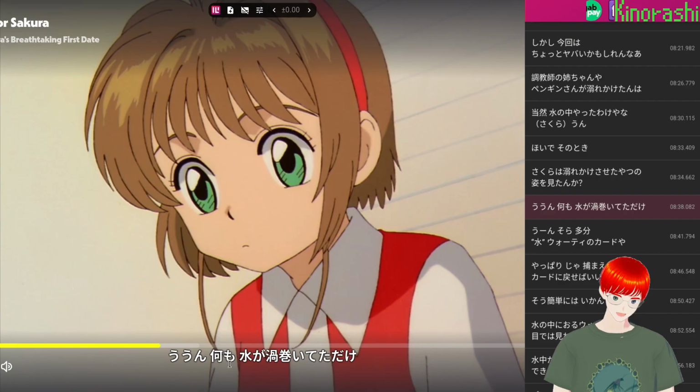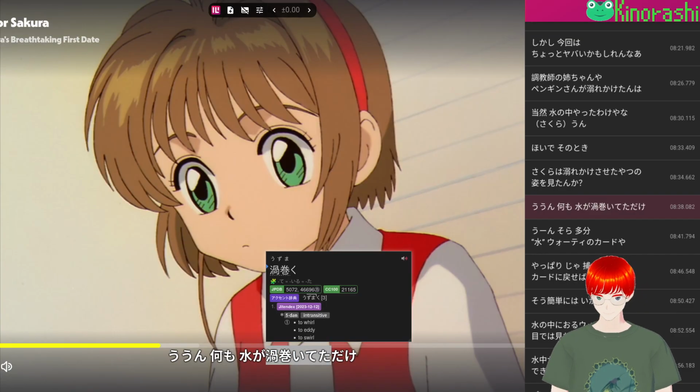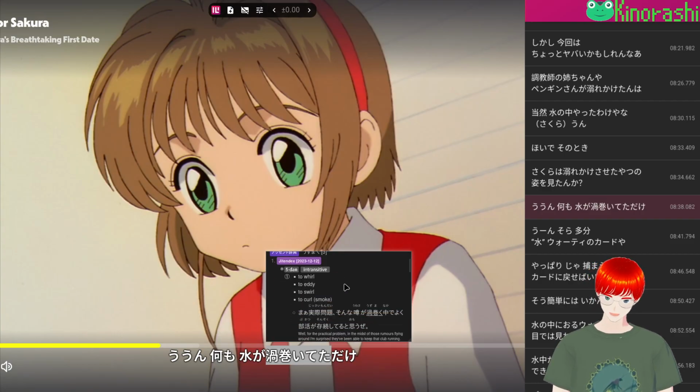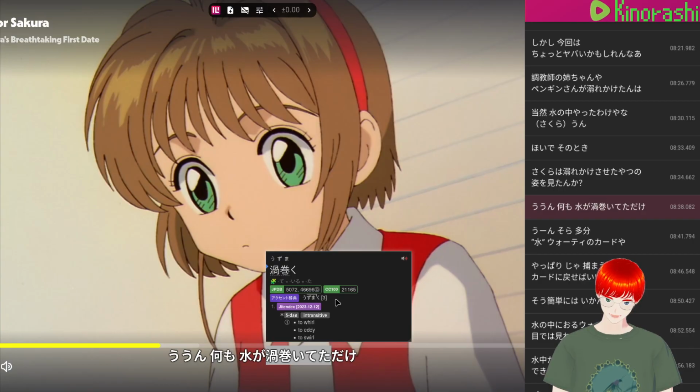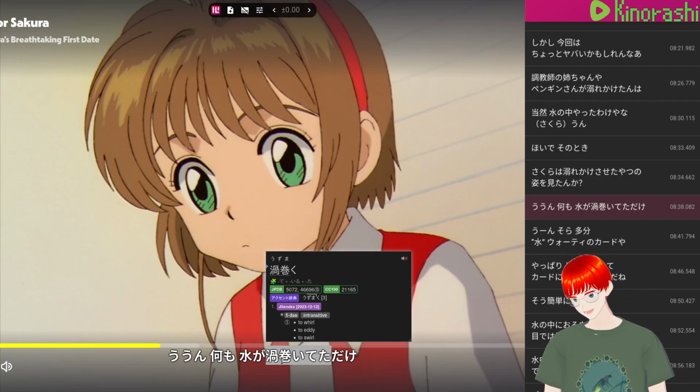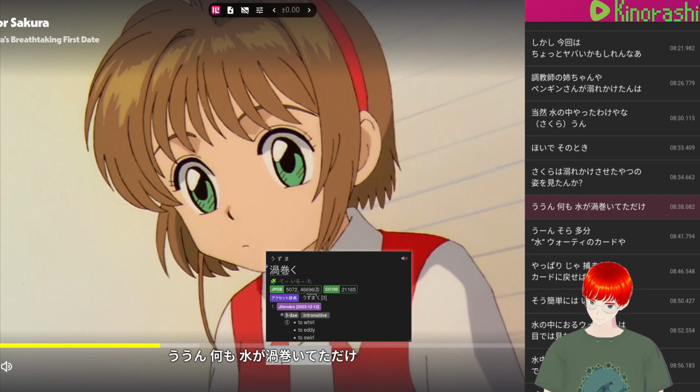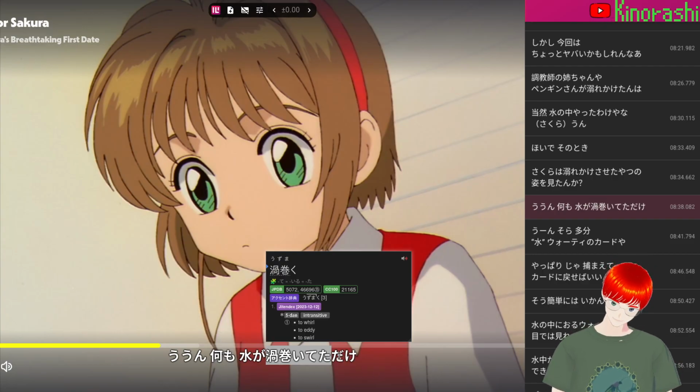No, okay. 何も、水が渦巻く: to whirl, to swirl. So 渦巻く, so this is 渦巻いてた, which is short for 渦巻いていた, and then dake, so limit essentially.